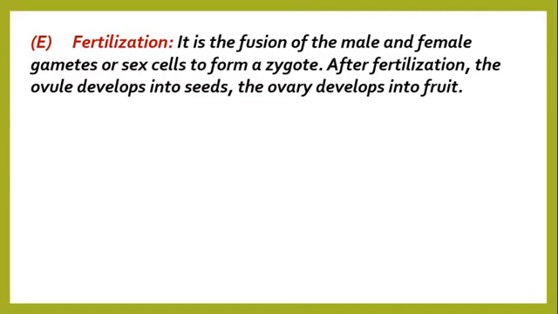So a zygote is simply a cell formed from the fusion of the male and female sex cells in the flower. Okay, we're saying that after fertilization, let's take note of this, the ovule found in the ovary develops into seeds, and the ovary, which is the outer covering of the female part, develops into what? Fruit. So let's look at a picture of what we are saying.